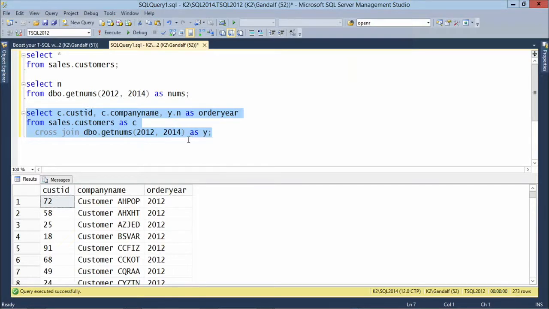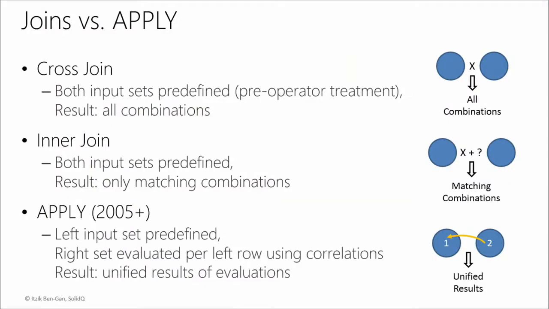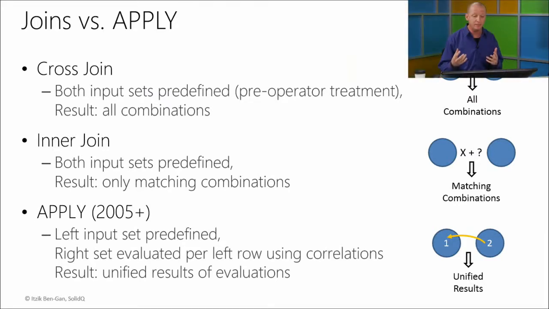So to summarize what a cross join is, we use 2 predefined sets as our inputs. And then the cross join simply gives us the combinations of these 2 sets. So 3 rows in one, 91 rows in the other, and then we have 273 rows basically in the combination.